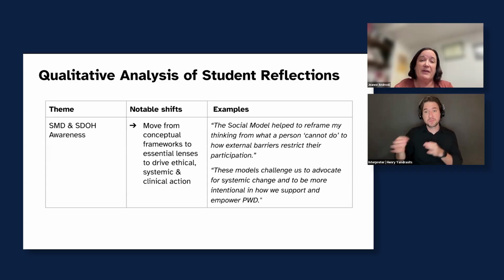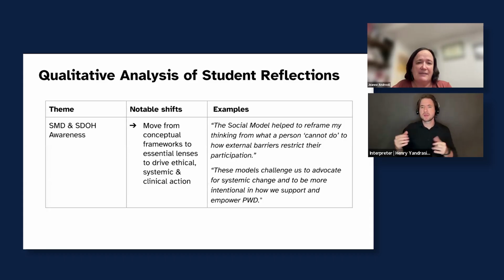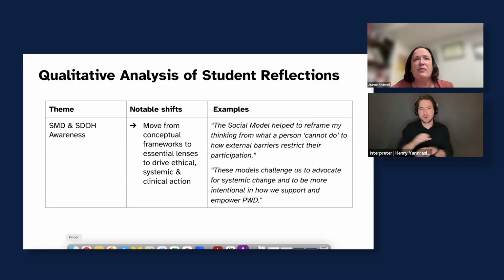And we noticed that there was this move from a very conceptual framework to these essential lenses that will drive their ethical and systemic clinical action. And here are some representative quotes here, where the social model helped me to reframe my thinking from what a person cannot do to how external barriers restrict their participation.